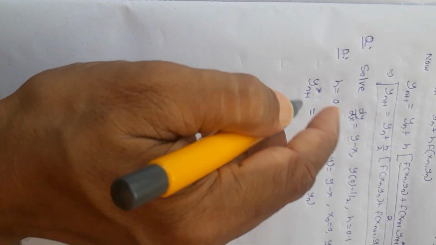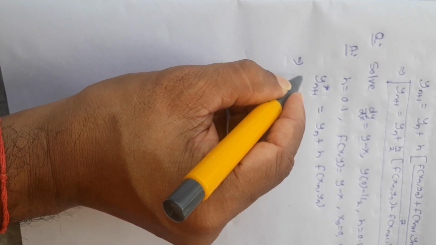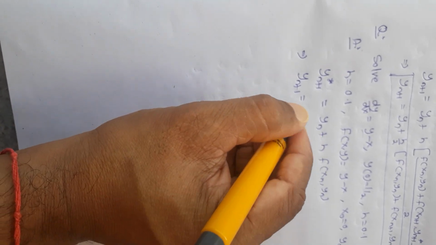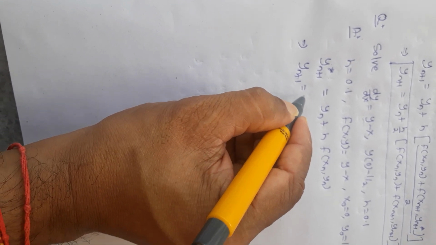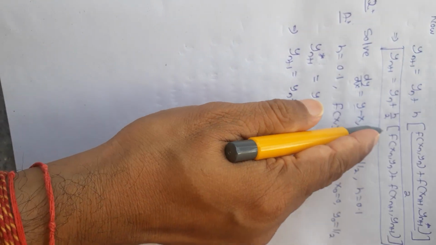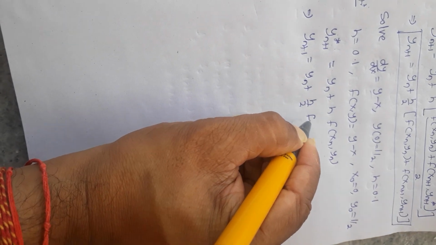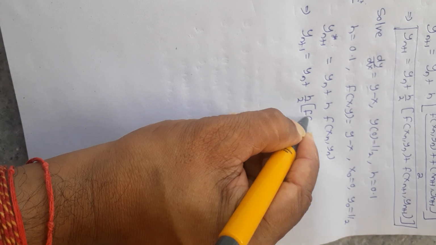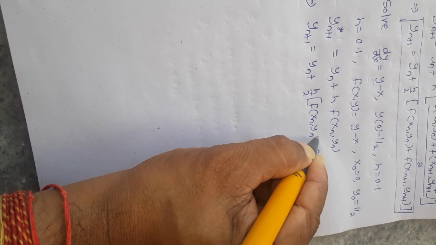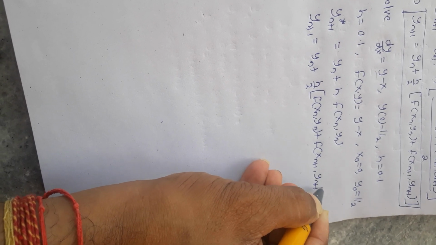Now, according to the improved Euler formula, or modified Euler formula, y n plus 1 is equal to y n plus h by 2, see the formula in the box, h by 2 into f of x n, y n plus f of x n plus 1, y n plus 1 star.